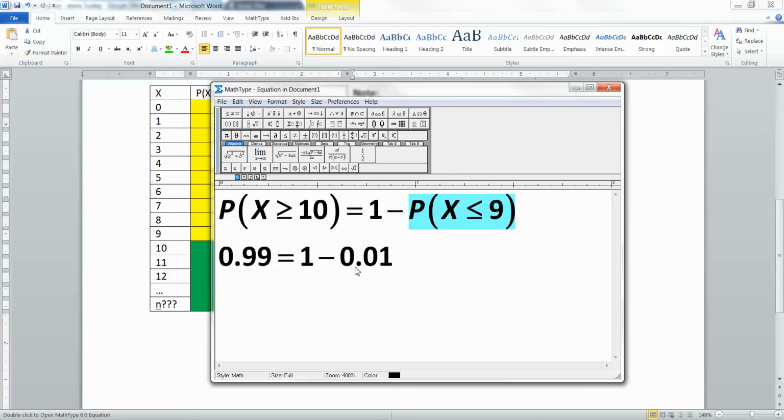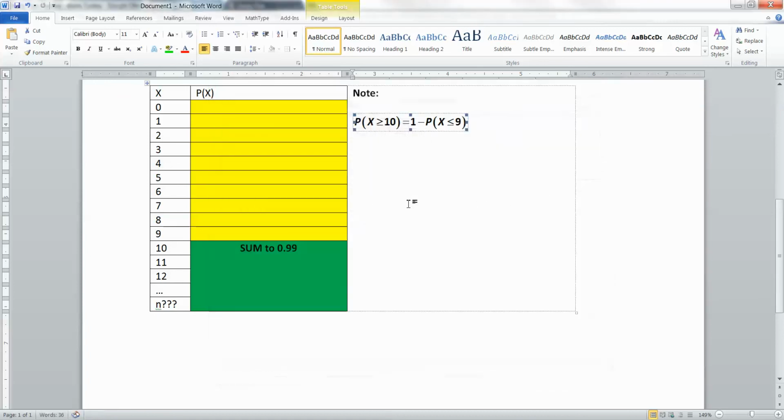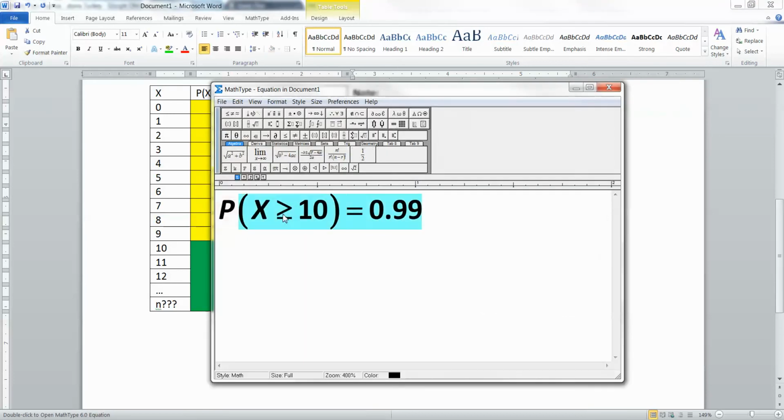So you need these yellow probabilities to add up to 0.01. Now, if only we knew a way to find the probability that x is less than or equal to 9 quickly and simply. And the answer is we do. The probability that x is less than or equal to 9 is the complement of what we actually want.